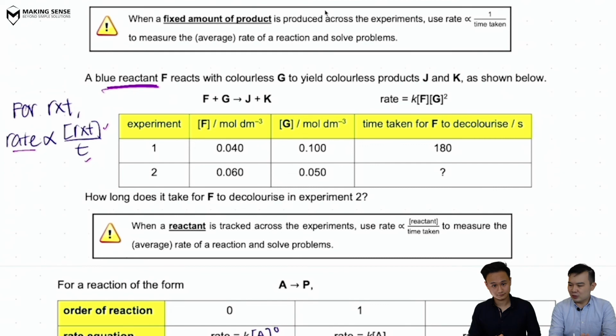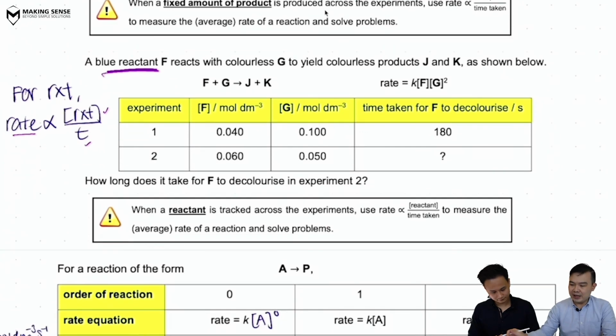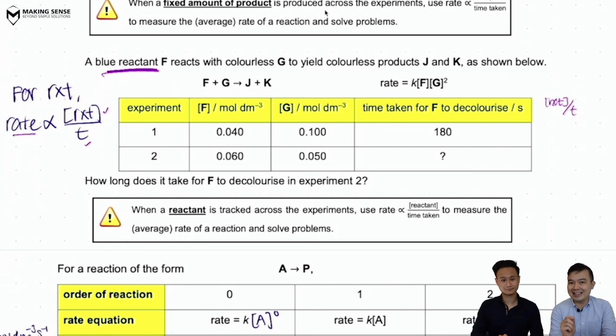Once again, same thing as what Mr. Tim has done. For this question, you have to create another column, which is going to be the concentration of the reactant against the time. You do that for the two experiments over here, and then you just apply either your inspection method or your mathematical method to find out the rate equation. If you try to use time directly, you're going to fail miserably.